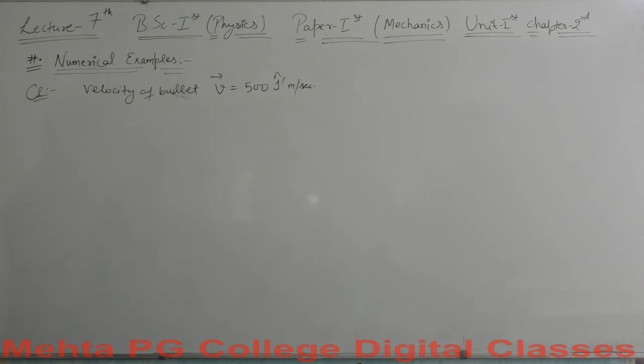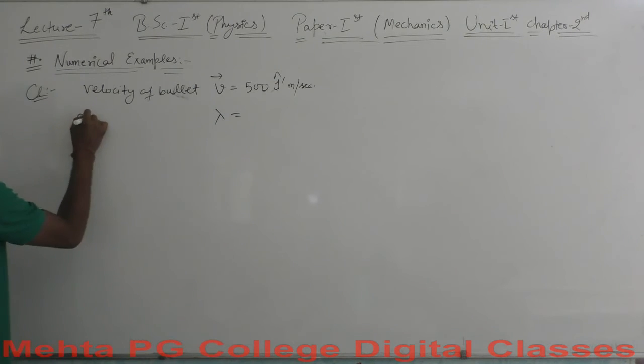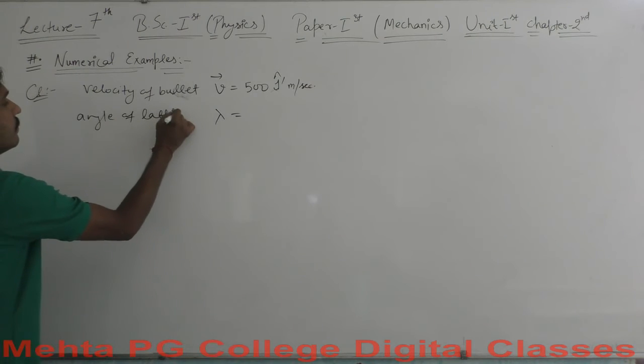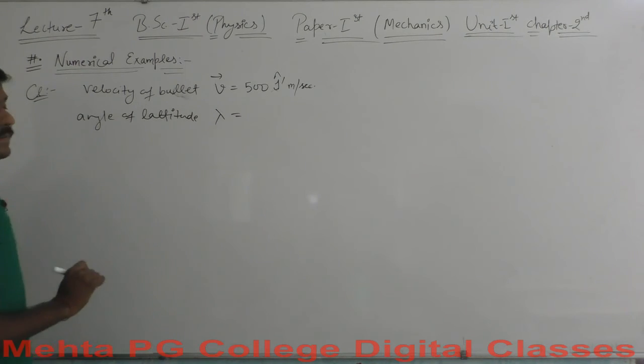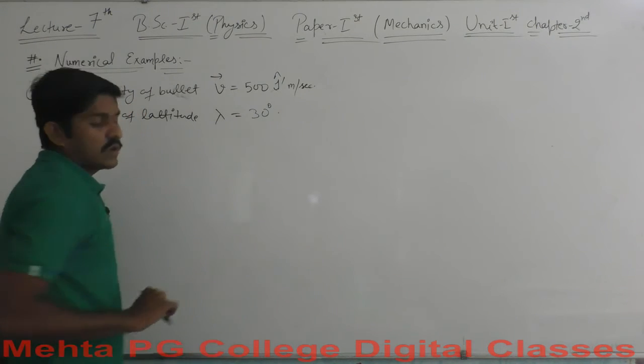Also we are given the angle of latitude, that is lambda, and lambda is equal to 30 degrees.